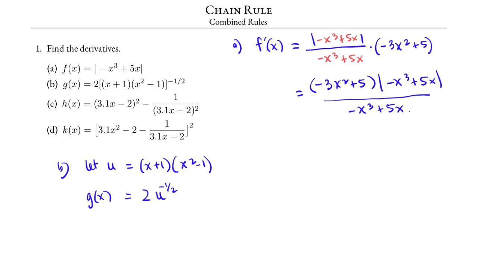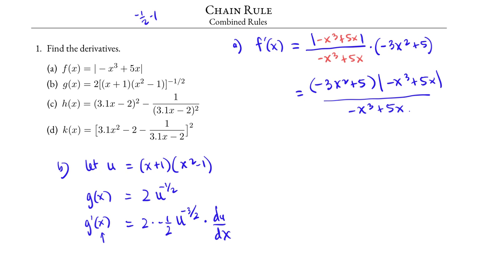This is much simpler. g prime of x is 2 times, using the power rule, we bring down the negative 1/2 power, rewrite u, and we lower the power negative 1/2 by 1. Negative 1/2 minus 1 is negative 3 over 2. But this is u, not x, so we would need to multiply by du/dx.